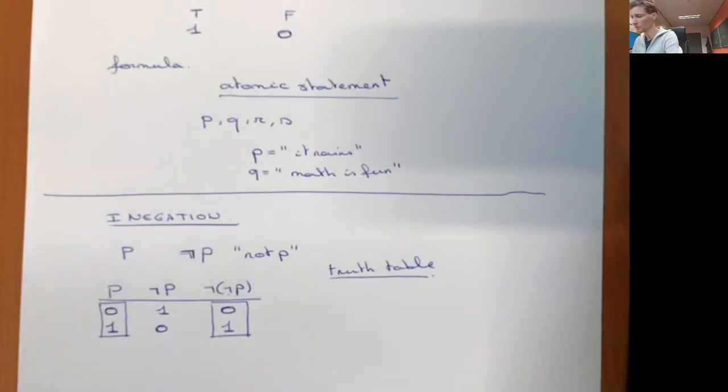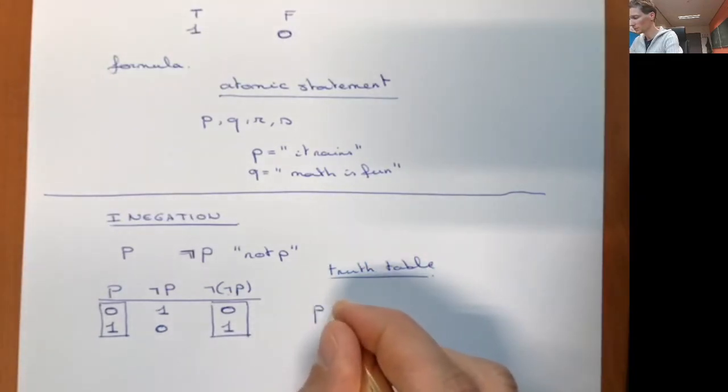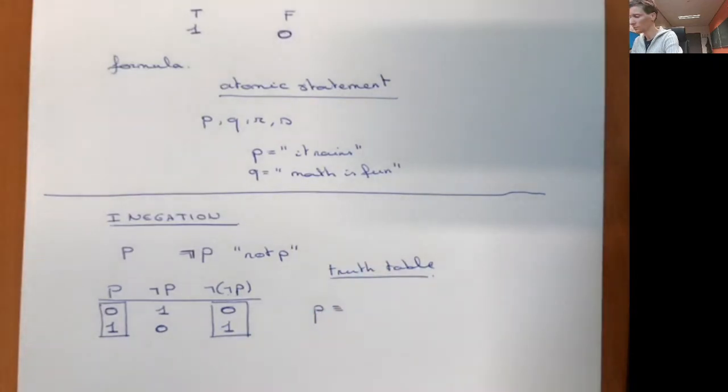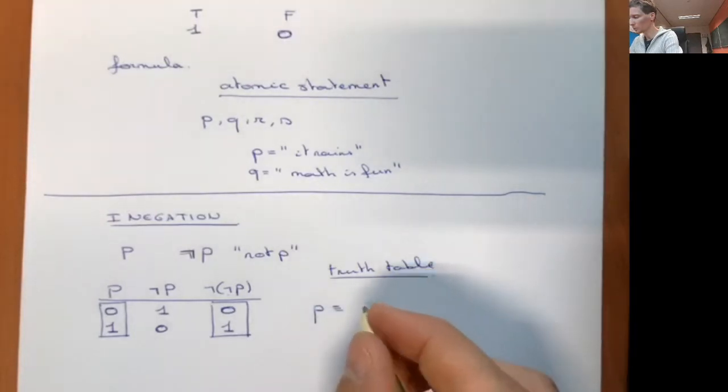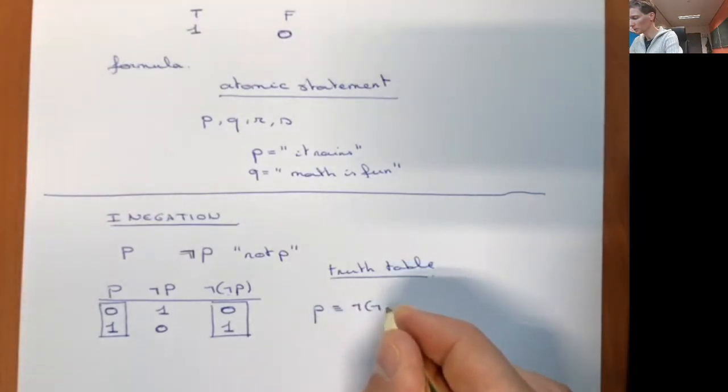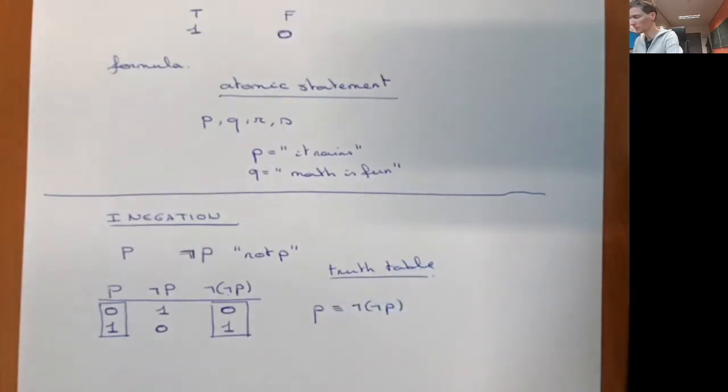So we have our first logical result, which states that P, and let me write 3 lines here to show equivalence in terms of formulas, the truth value of P will always be equal to the truth value of not not P. Okay. So you can negate the formula and then you can negate it again, and what do you get in the end? Well, in the end you get back the original formula.